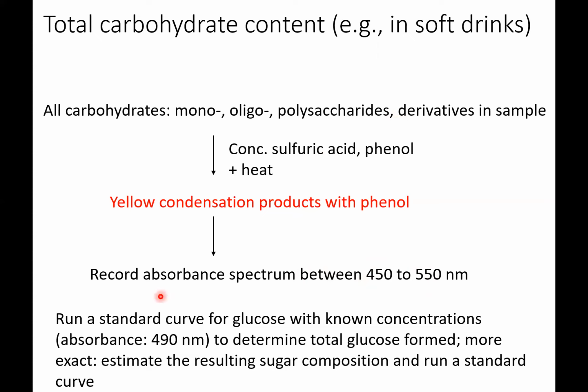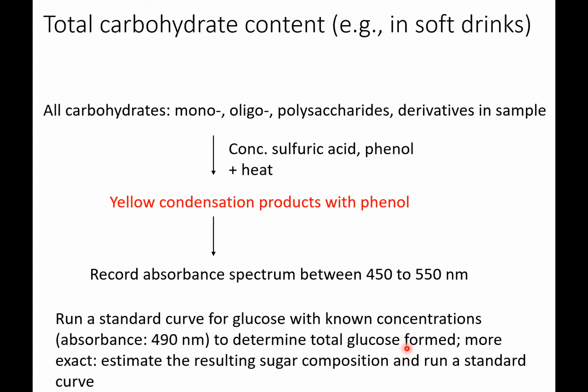Now you would have to run a standard curve as well. If you do not know what's in here, not at all, you use glucose with known concentrations and do the standard curve with that and get the absorbance for the phenol complex with glucose at 490, and compare it to that.